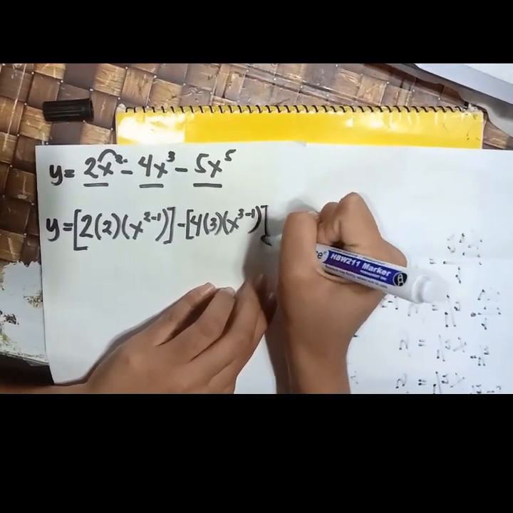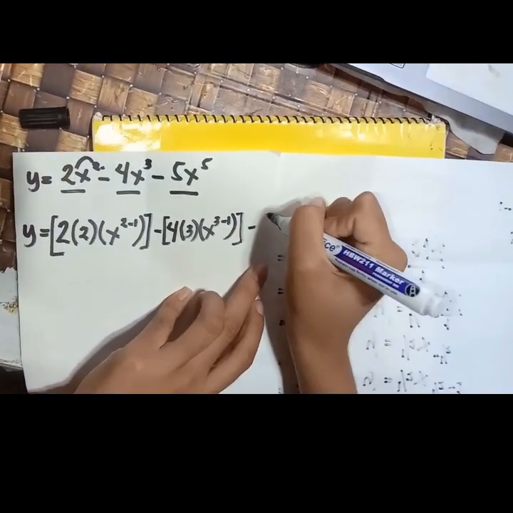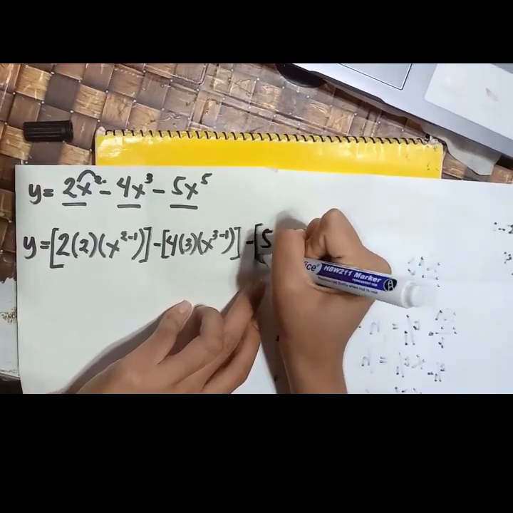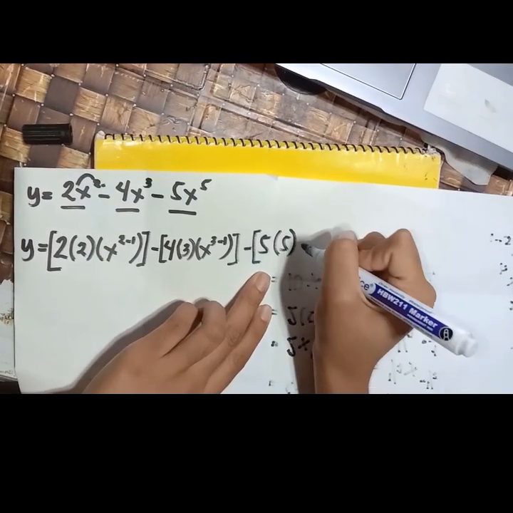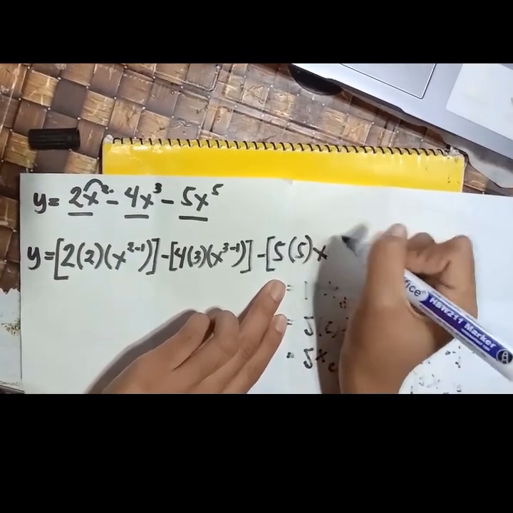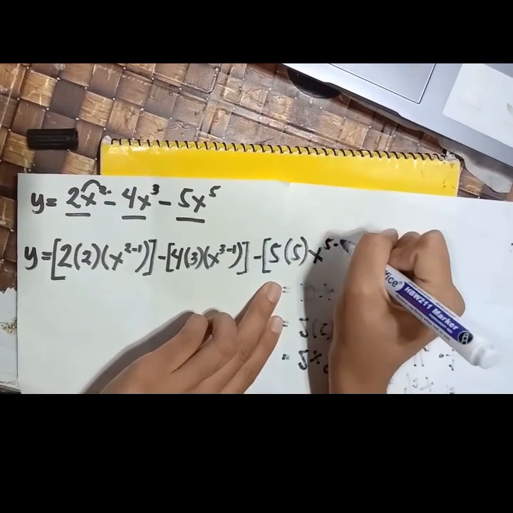And for the third term, 5 times 5 times x raised to 5 minus 1.